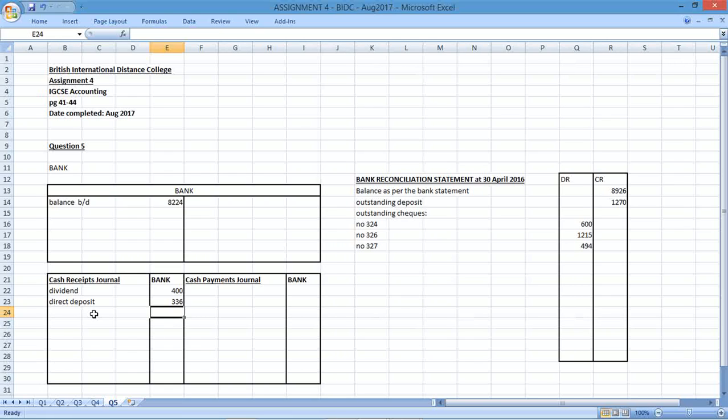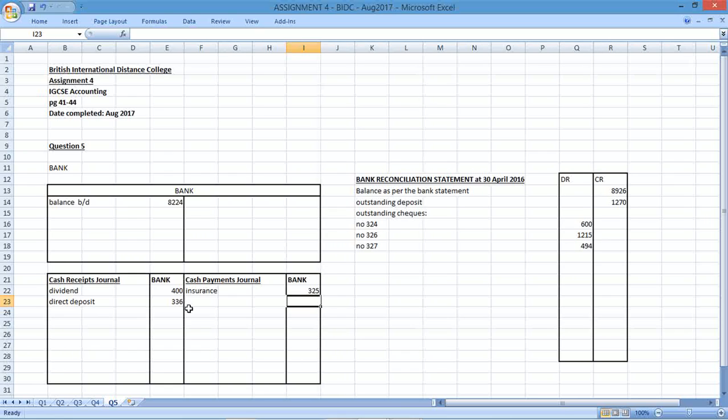Then 3. A payment of 325 made by standing order to fire and theft insurance companies. So that's a debit order that would go here for insurance. What did they say? They said it was a standing order. Stop order or debit order, that's what we would refer to it as. Then we've got 325 here as a payment for insurance.